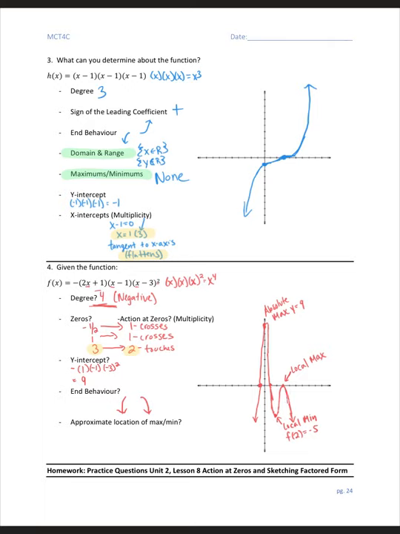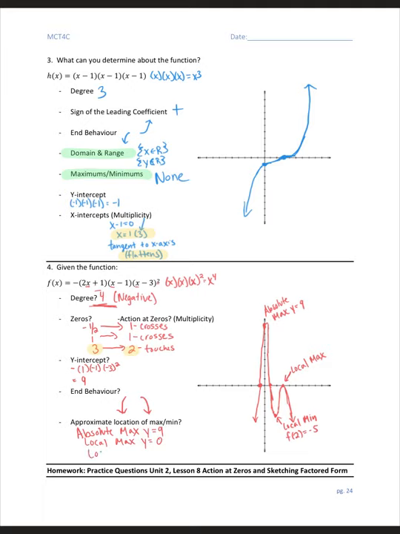All right, so in this case, we do have an absolute max. And again, these are just estimates, but it looks like it happens right around our y-intercept at y equals 9. We also have a local max, and that looks like that's happening at y equals 0.